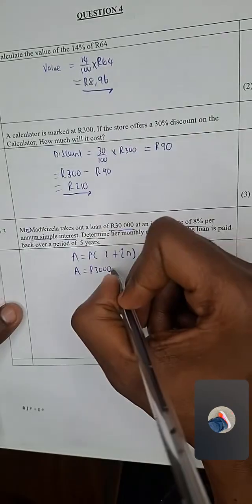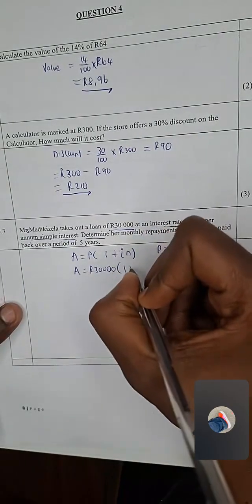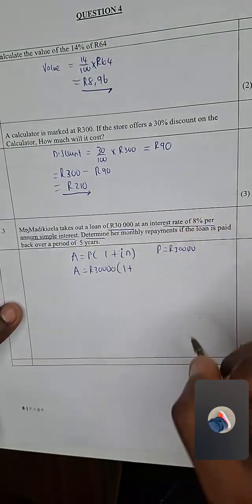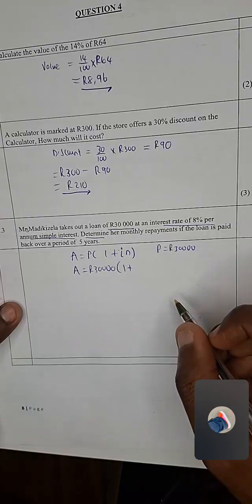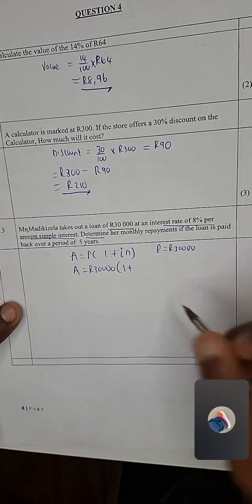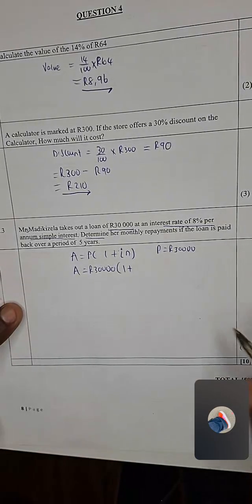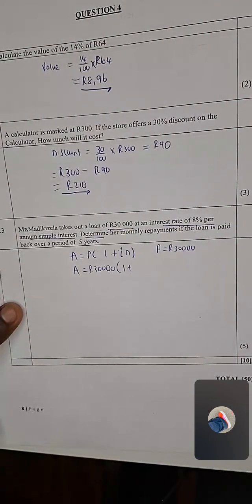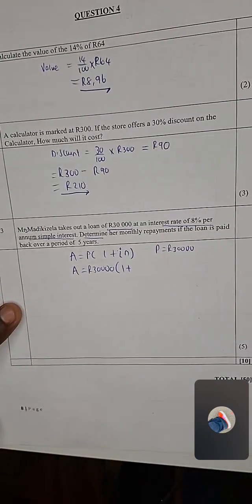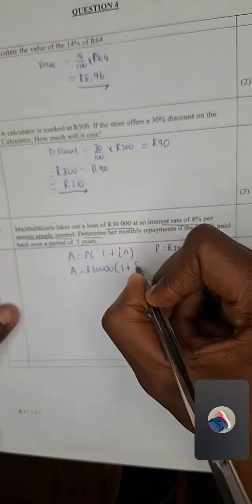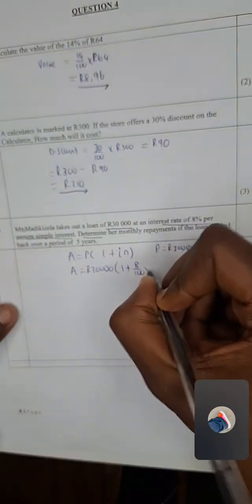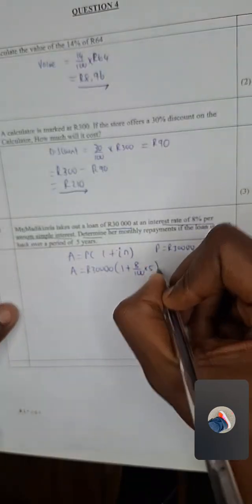Then open bracket 1 plus 8 over 100 multiplied by 5.